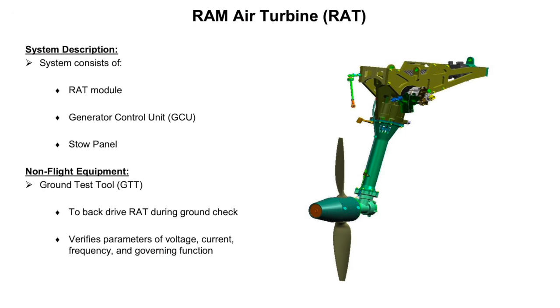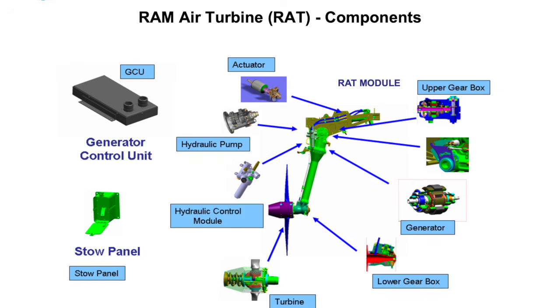Here's what we know from Hamilton Sundstrand, the RAT manufacturer, and from their documentation. The RAT module has a generator, a hydraulic pump, a strut assembly, a frame assembly, a deployment actuator, and a turbine assembly. When deployed, the turbine assembly extracts energy from the airstream and drives the generator and the hydraulic pump.